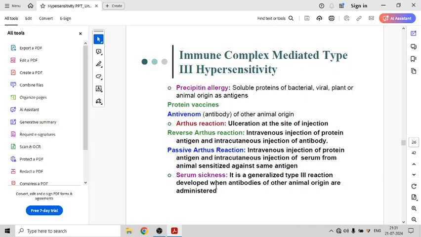So serum sickness is when a large quantity of proteins of animal origin, especially the antivenom, is administered, and the person experiences serum sickness, which I will discuss a little later.